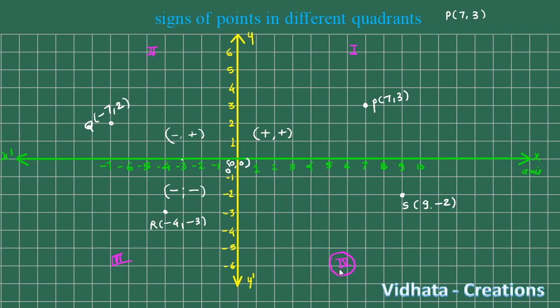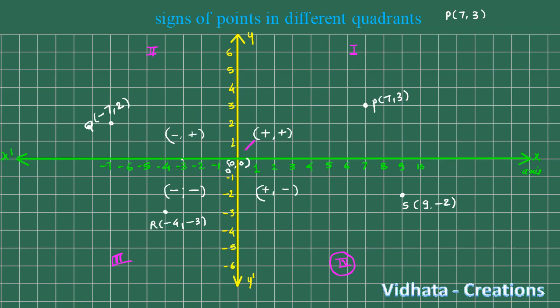What can you say in case of the fourth quadrant? If you see the coordinates of point S, then its x coordinate is positive. First of all, we write the x coordinate and then the y coordinate, and y is negative. So like these, we can get the signs of the points. In the first quadrant, anywhere the point lies, its coordinates are plus plus.